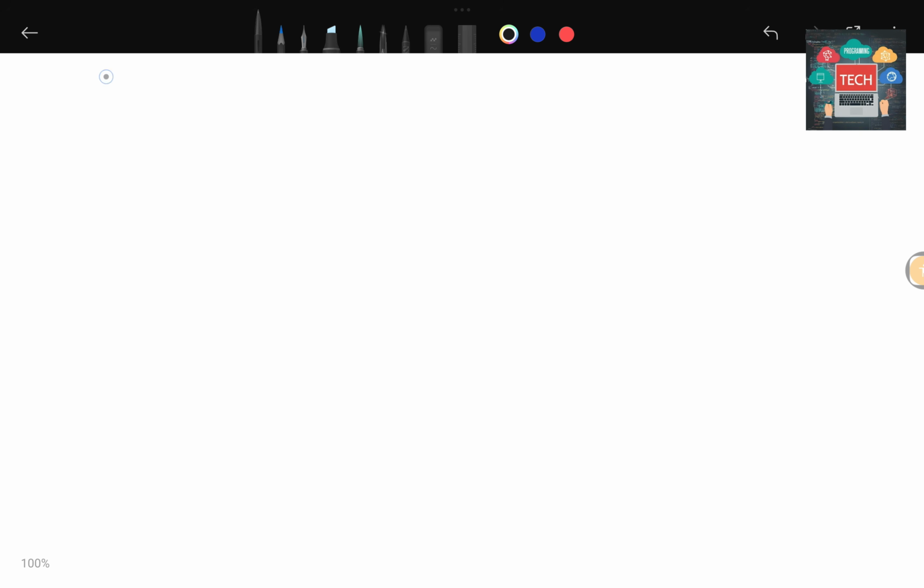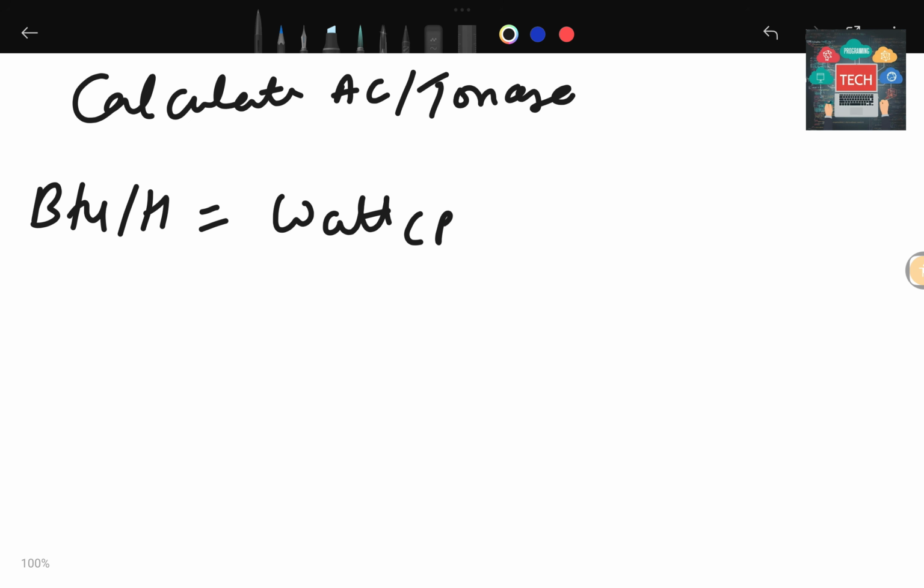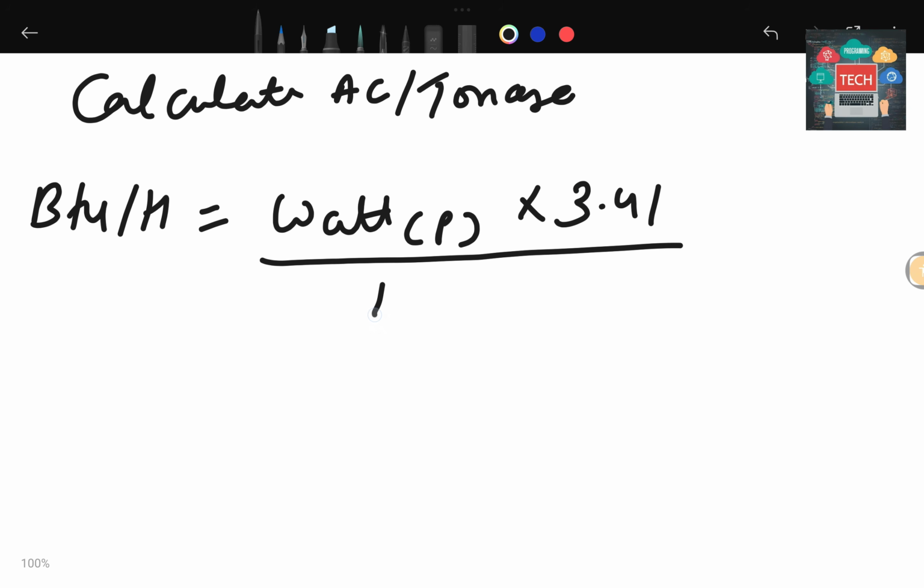Now we have to calculate the AC tonnage, how much is required. So what was my formula? BTU/HR is equal to watt, meaning power, into 3.41 divided by 12,000.